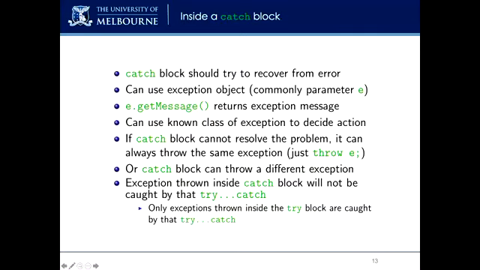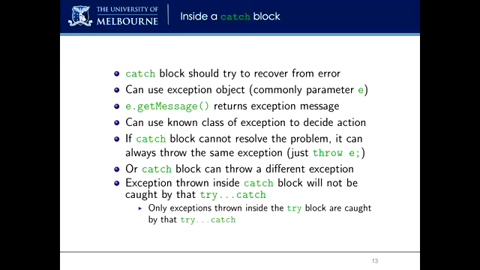So this is just going through the inner workings of the catch block. It's basically to recover from an error. You can use the exception object, which has several methods that you can use. getMessage is a common one, so that will give you just the message. Rather than having that huge stack trace, that error that you would normally have, this will give you something more succinct, just the message saying this is what the error was, and it won't stop the program, it will carry on.